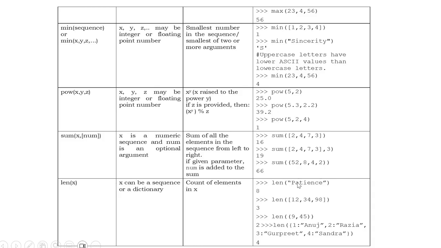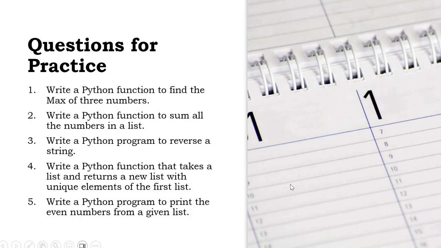For len of patience, which is a string, how many characters are there? PATIENCE, total 1 2 3 4 5 6 7 8. So this will return the number of characters.